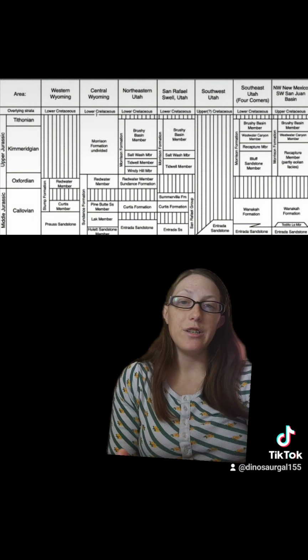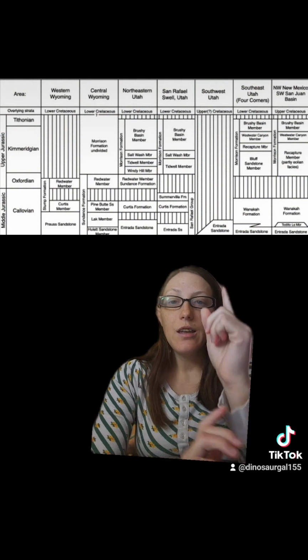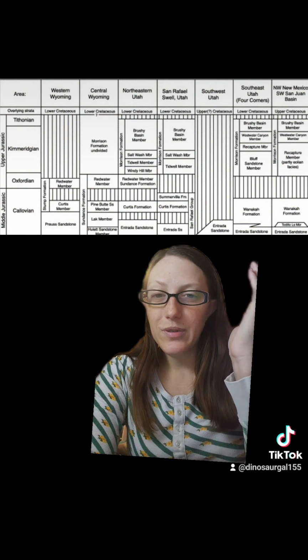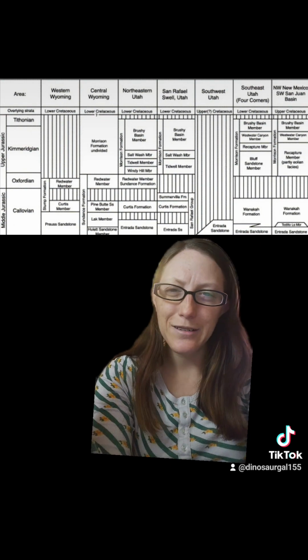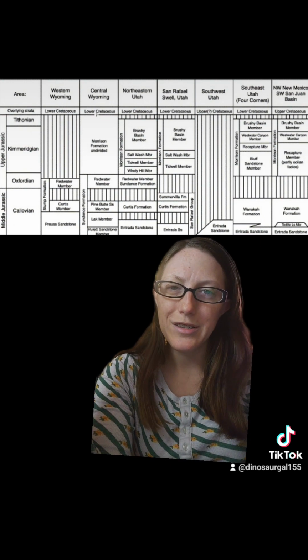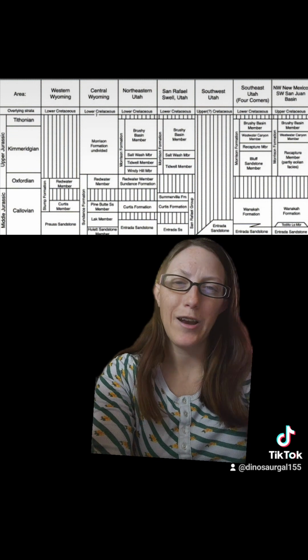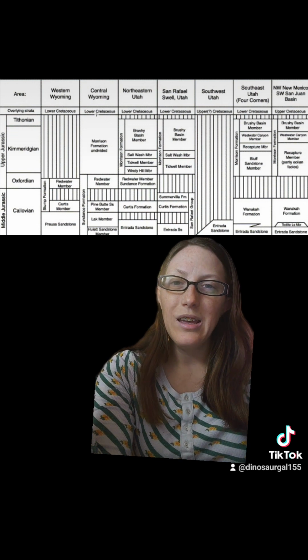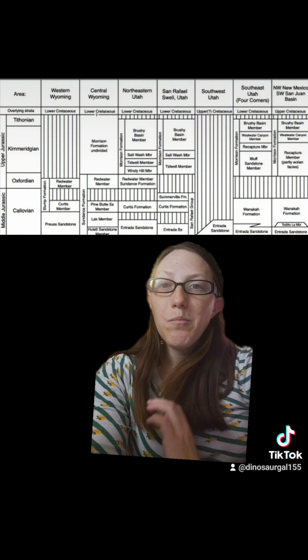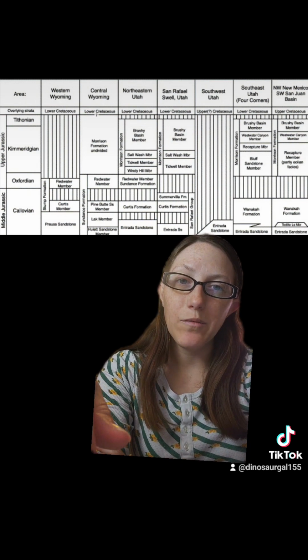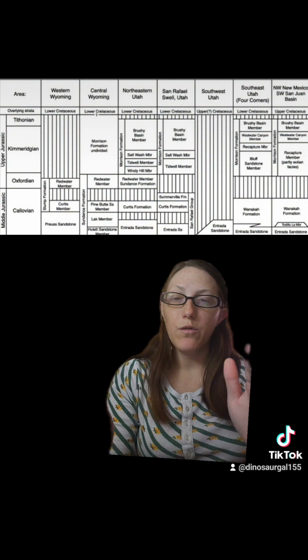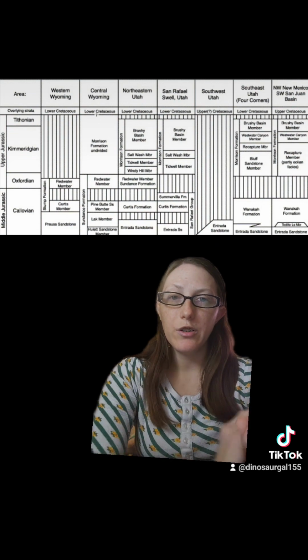Part of it's just they're found in different areas. This, it's not really lithologic comparison, I guess it is a stratigraphic comparison, from western Wyoming through northwestern New Mexico, and just showing you how some of these members line up.